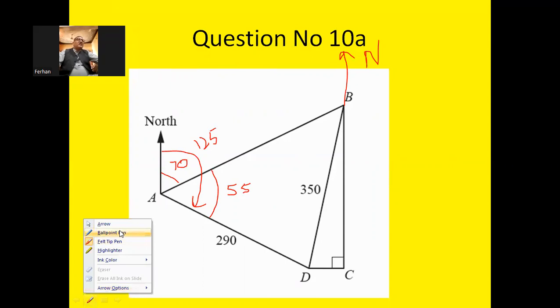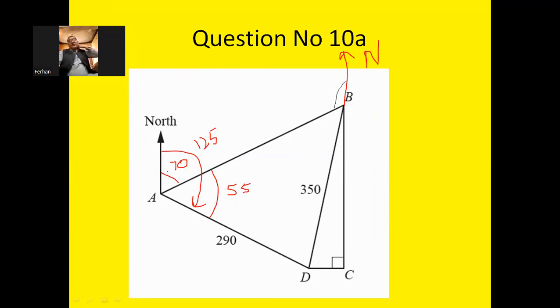Let me change the color. So this angle here will be 110, because this angle and this angle are allied, so it will be 110.